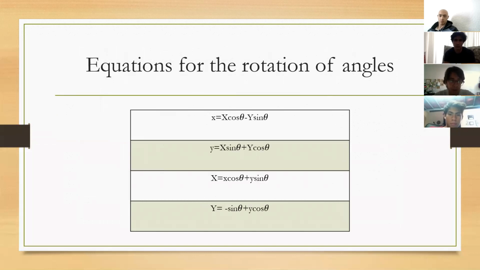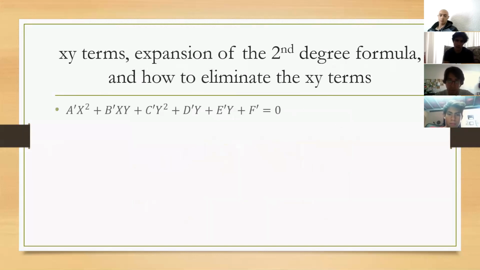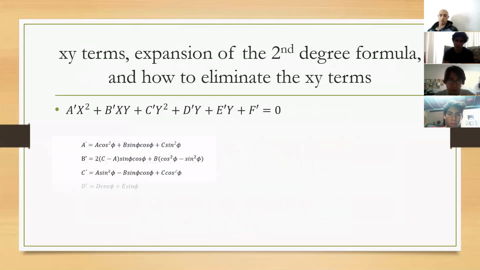The equations that relate the coordinates of a point in the original lowercase xy plane and a rotated uppercase XY plane, based on an angle of rotation, are the next ones. If we substitute the past equations in the general equation of the original xy plane, we obtain the next equation, which can be simplified with these expressions.